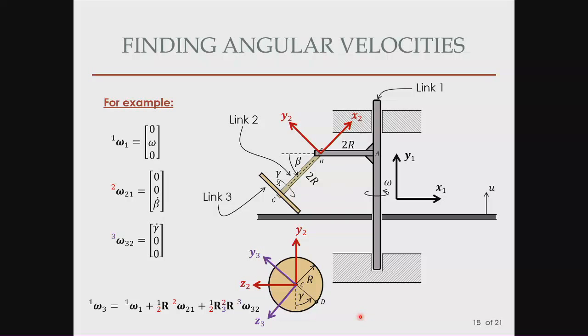So it is the same question as what is the absolute angular velocity of frame 3, because frame 3 and the wheel are like one rigid body. So what I will do is sum the absolute angular velocity of link 1, which is this T-shaped bar, the angular velocity of link 2 relative to link 1, and the angular velocity of the wheel relative to link 2.